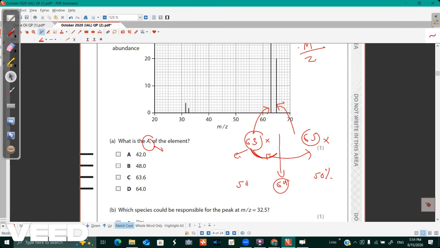Why? Because you have more 63 isotopes, not 65. If it is a 50-50 sample, it is right in the middle. But in this case, you have more 63s. This graph is very tall. So you must have a value between 64 and 63 because relative abundance is favoring this value.